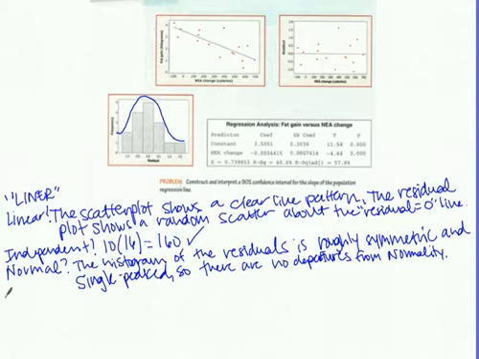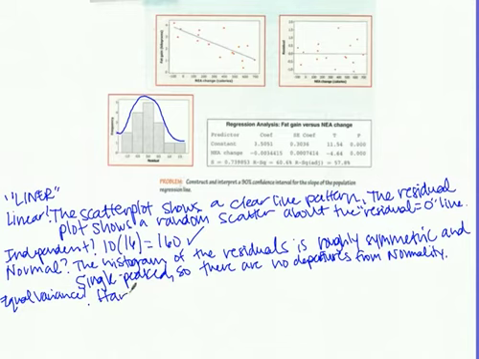All right, the E is going to stand for equal variance. So we're going to look again at the residual plot. On this one, it's kind of hard to tell from so few points whether the scatter of points around the residual equals 0 line is about the same at all of the x values.